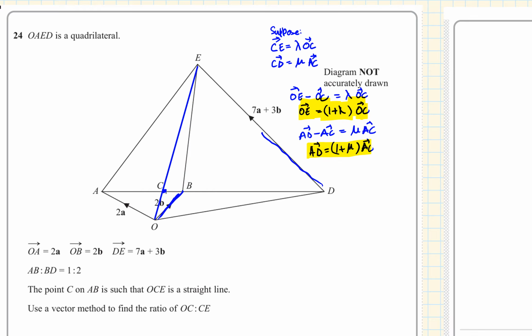So if I put in the arrows, that would be the direction.